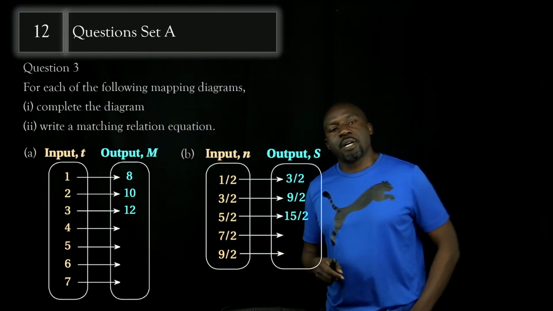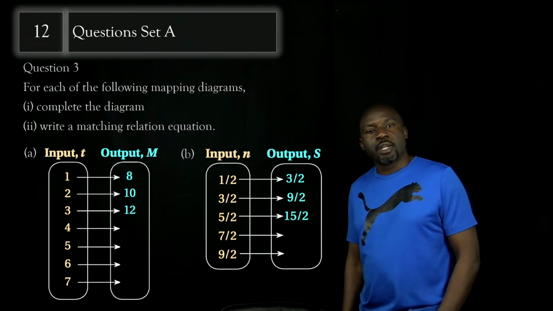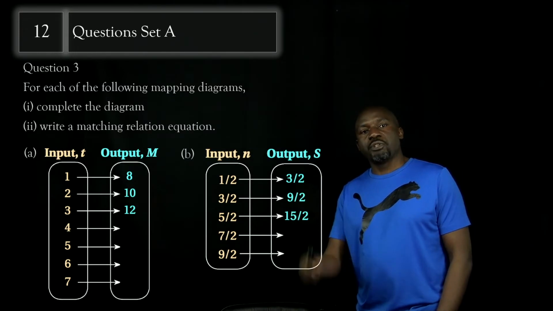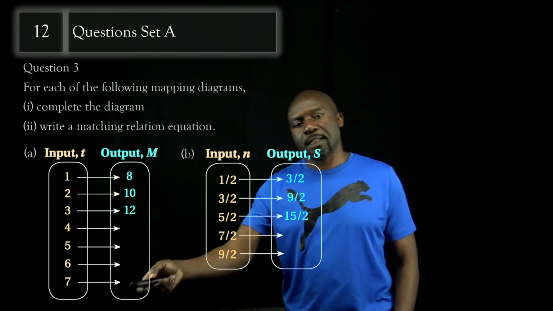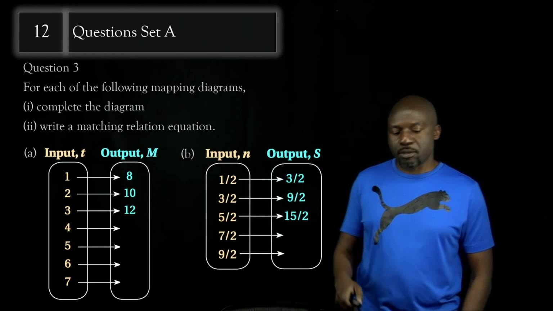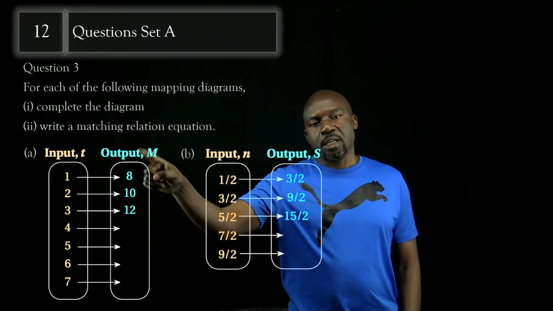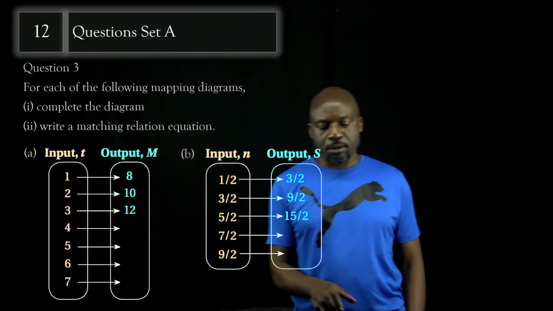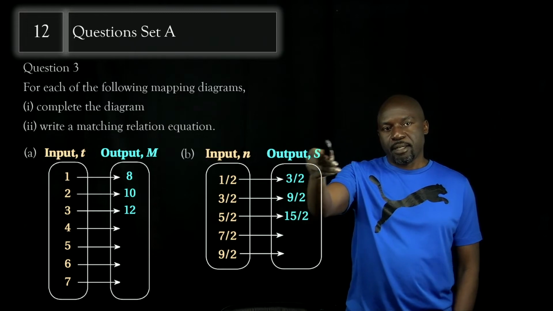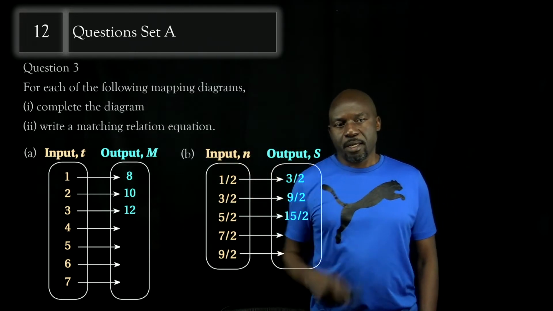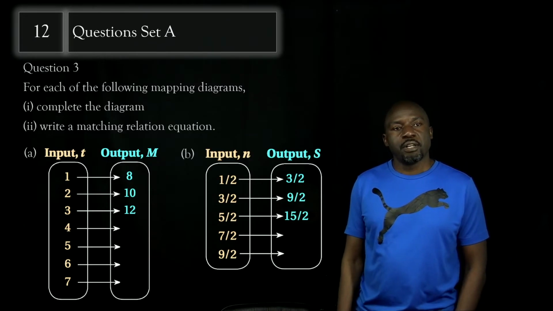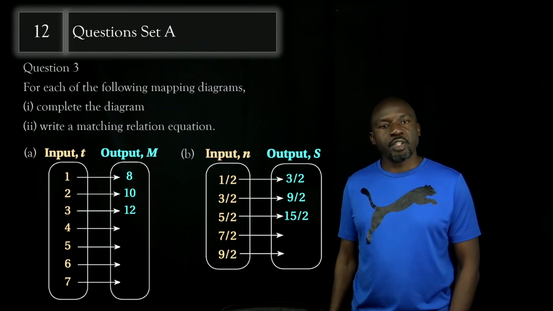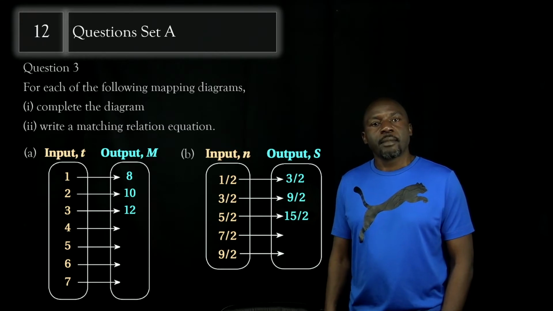I want you to think about what mathematical equation would represent each of these relations. If you look carefully, you should see a pattern and then try to come up with a formula. So m equals something times t, s equals something times n, or plus, it doesn't really matter. I'm going to leave that to you to try out. We can discuss it later.